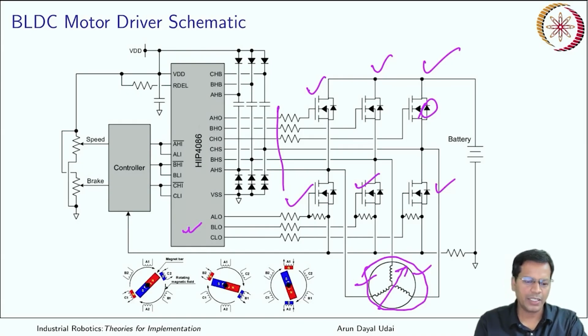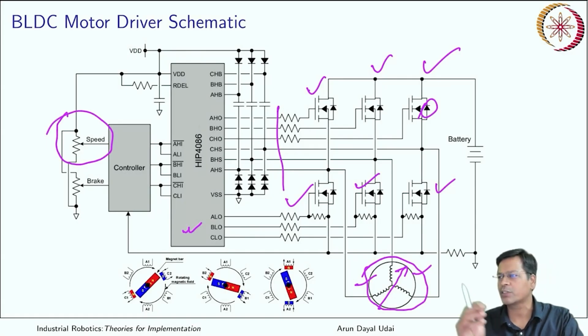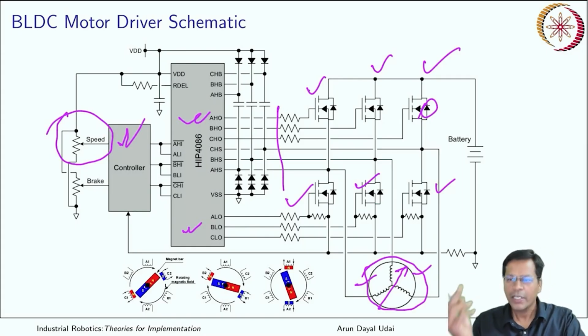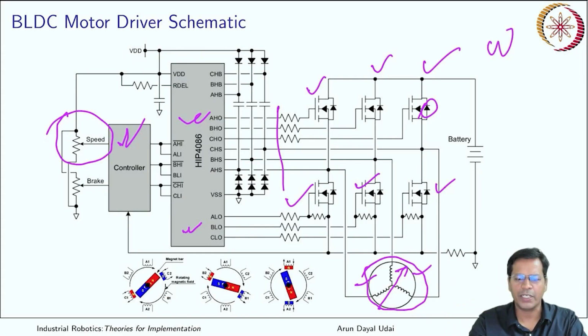Okay, so this controller has an input which can come through a potentiometer, you see. This potentiometer gives you a voltage signal to this controller finally. That is finally controlling the speed, which determines the omega.